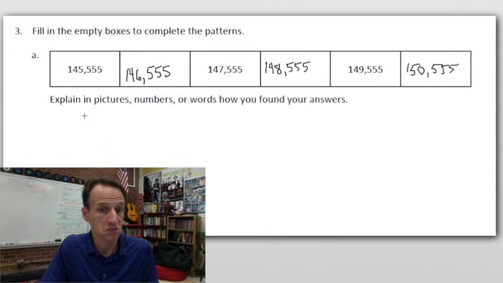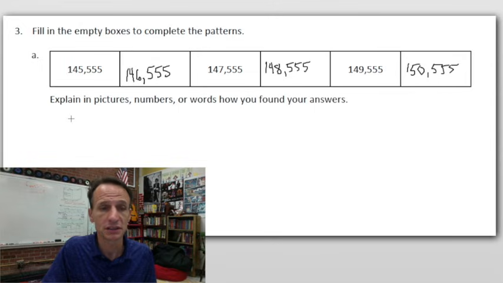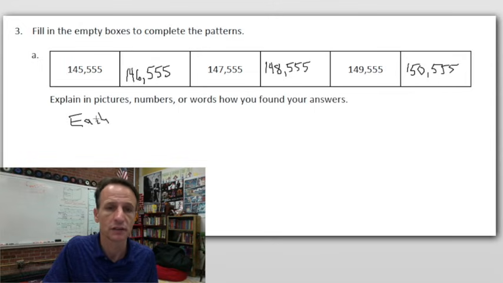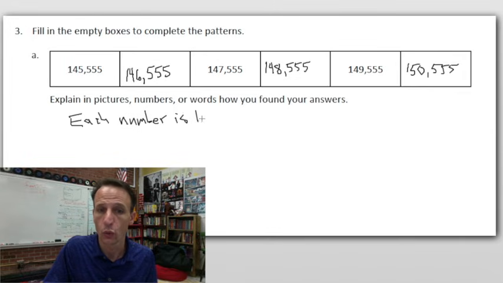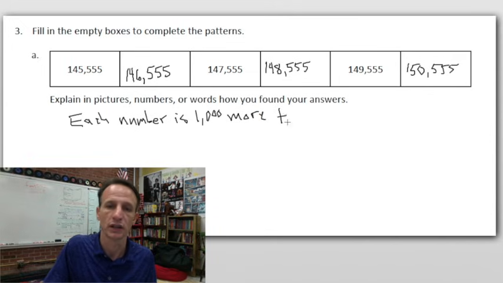I think words will do well here. Yes. Each number is what? How do the numbers change? Each number is 1,000, that's right, more than, or you could say greater than, the number before, right?